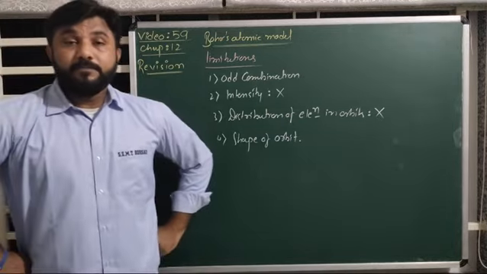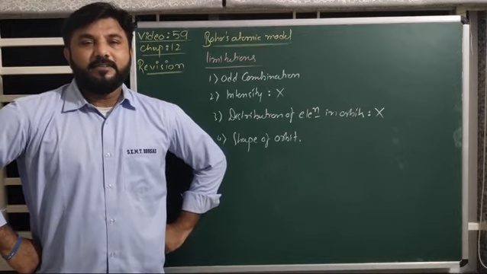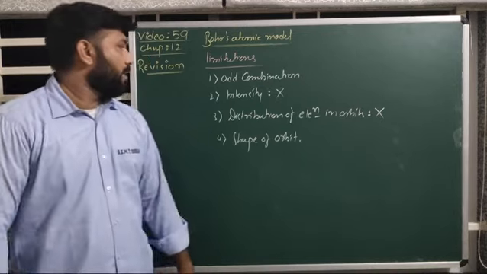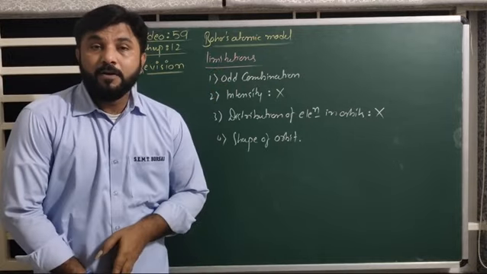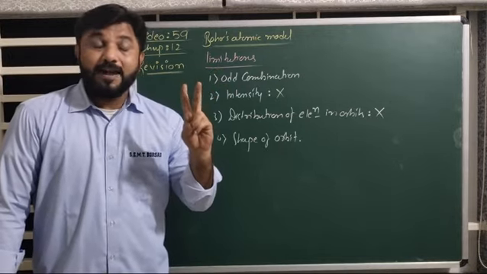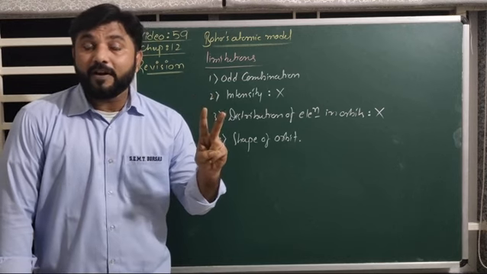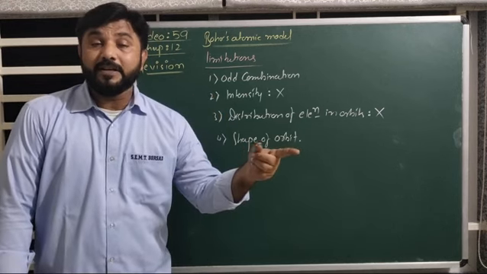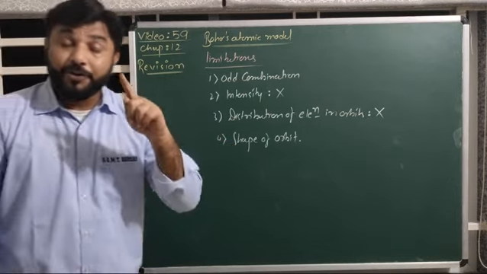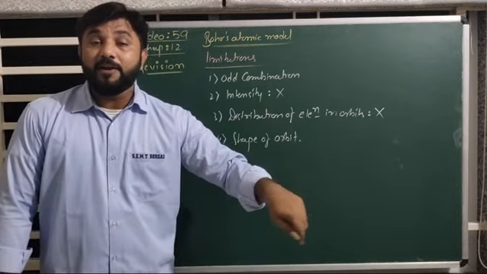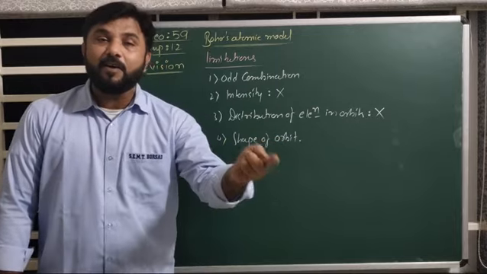I will help you. Right? First limitation: to calculate the radius as well as energy of an electron revolving around the nucleus, we have used classical physics. The use of classical physics in quantum mechanics is an odd combination.